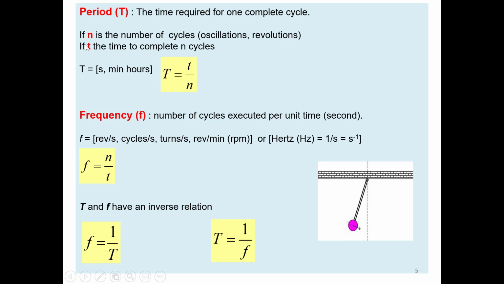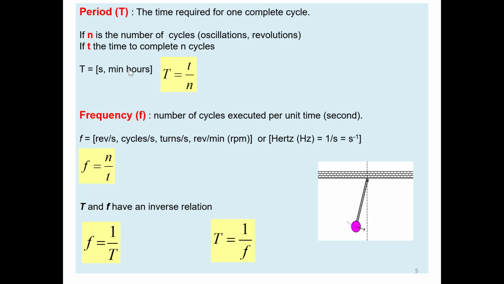So, if n is the number of cycles, or number of oscillations, or number of revolutions, which are different ways to say the same thing, and t is the time to complete n cycles, then we get the period by dividing this time by the number of cycles.